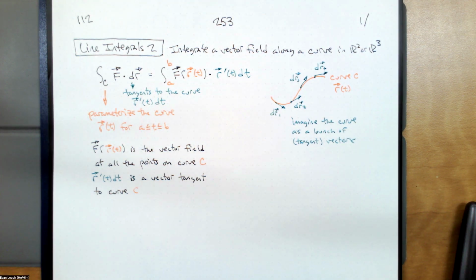So we're imagining where the vector field is pointing, and we're imagining where the curve is pointing, and then finding the dot product of those two values. Any questions?